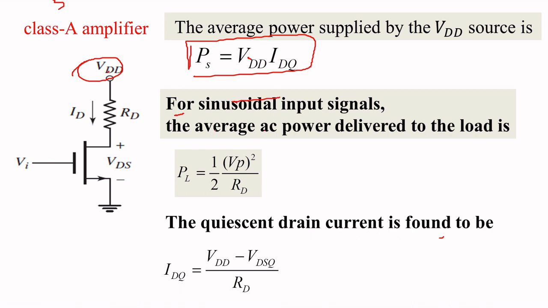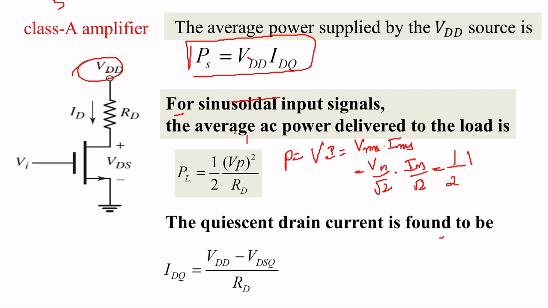You know the formula for power is V into I. I can customize that with respect to the sinusoidal signal, the AC power, so I can write IRMS. With respect to the sinusoidal signal, VRMS can be written as Vm by root 2 and Im by root 2. When you multiply, you will be getting 1 by 2.